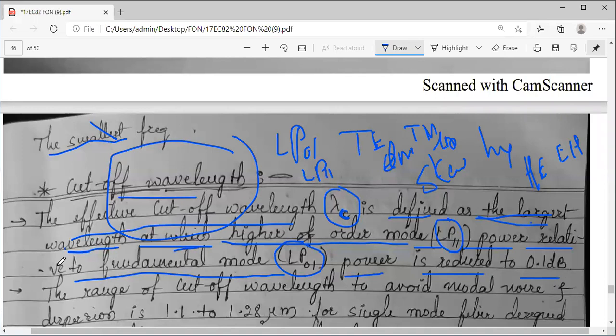So how do you define it? It is the largest wavelength at which the higher order mode power LP11, which is the next mode, relative to the fundamental mode power LP01, is reduced by a factor of 0.1 decibels.